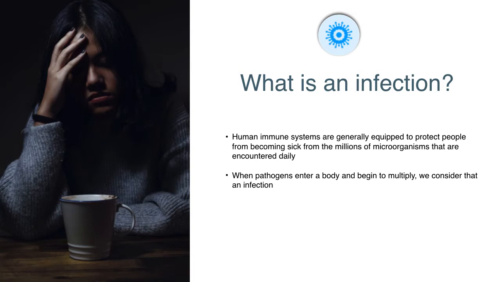Human immune systems are pretty good actually at stopping pathogens from spreading inside of your body. So every day you have millions of different microorganisms that you're encountering, and some of them are pathogens that would cause illness, and your immune system recognizes them, attacks them, and neutralizes them.